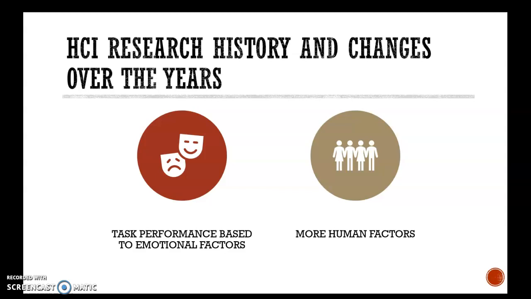We depended on whether, within a certain time, the user was able to accomplish all the tasks. Nowadays, more human factors are involved in the research. So that's the trend now.